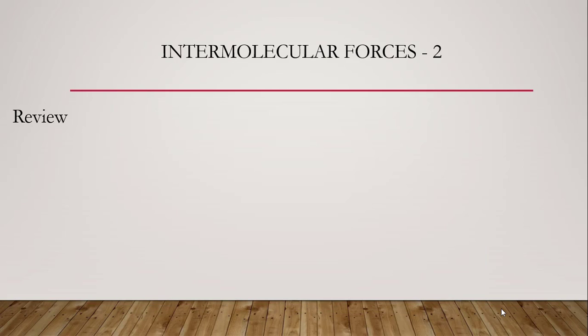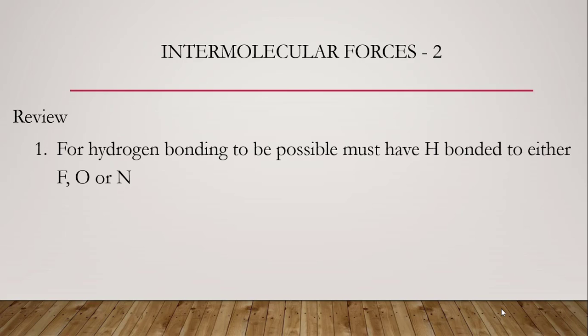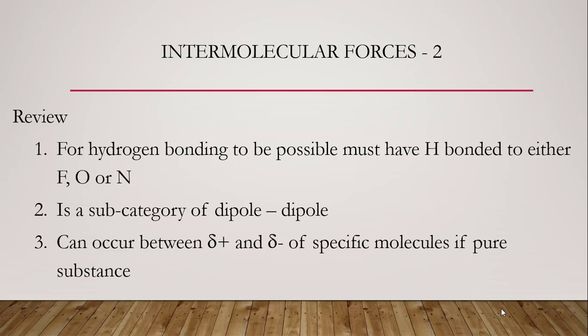So to review, in order to have hydrogen bonding, the hydrogen must be intramolecularly bonded to either fluorine, oxygen, or nitrogen. It really is a subcategory of the dipole-dipole intermolecular force, and it can occur between the partial positive and partial negative of a specific molecule if a pure substance, the classic being water.